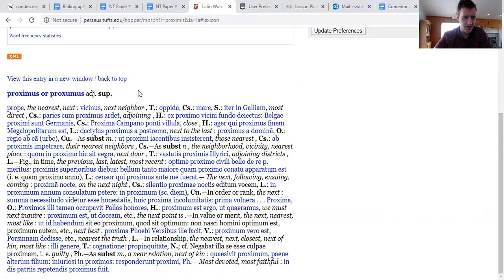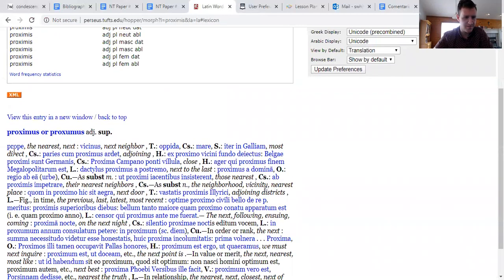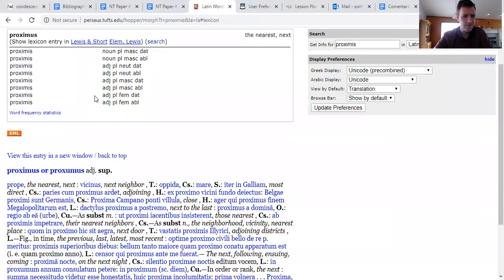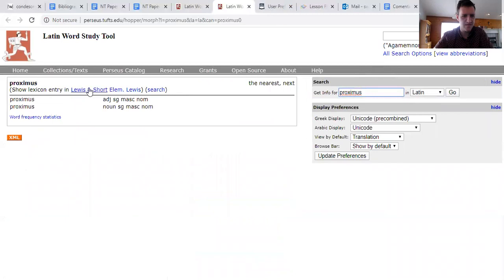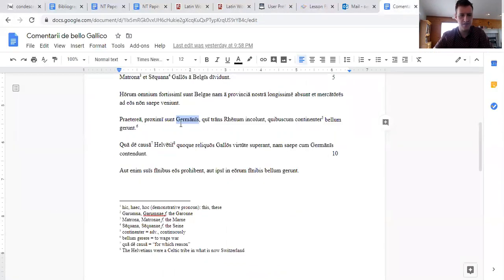Well, it doesn't look like the dictionary tells us too much about this word. Okay. Well, it takes an oblique case anyways. So they are nearest to the Germans.